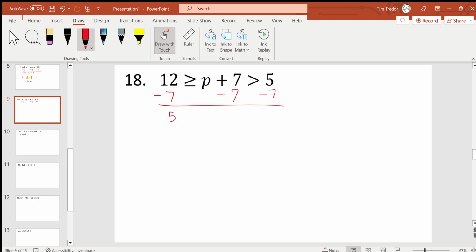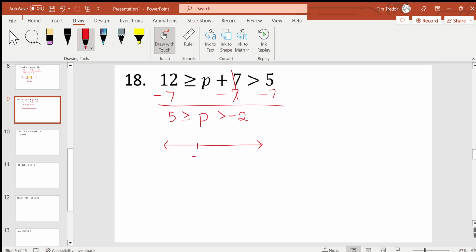And we'll get 5 is greater than or equal to p. 7's are canceled, which is greater than negative 7, negative 2 rather, 5 minus 7. Now our inequality is kind of backwards, but that's okay. We don't have to fix that for our answer. We just have to make sure on the number line that we do go in order.